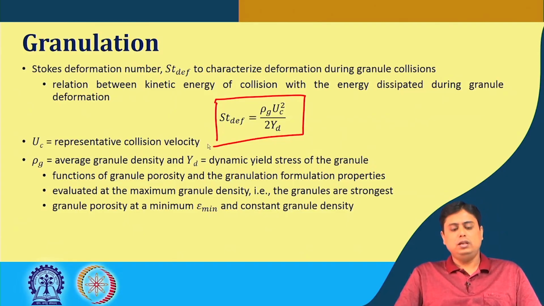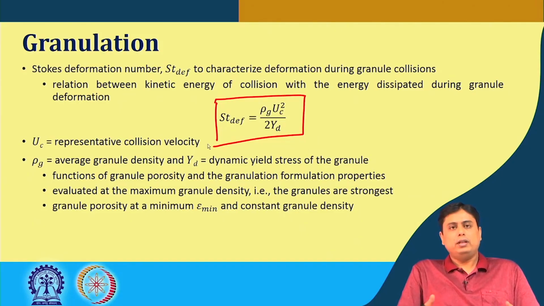Where u c is the representative collisional velocity, and rho g and y d are the average granule density and dynamic yield stress of the granule respectively. Now, these are strong functions of the granule porosity and granulation formulation properties, which are typically evaluated at the maximum granule density, which means when the granules are in their strongest form.